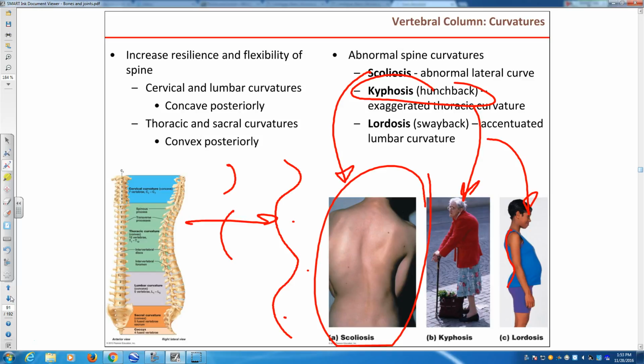Now, what is the reason for actually both kyphosis and lordosis, mostly? What keeps your back straight? You can't really control it. Well, kyphosis partially, yes, because the intervertebral discs lose water, they shrink, they become less flexible.